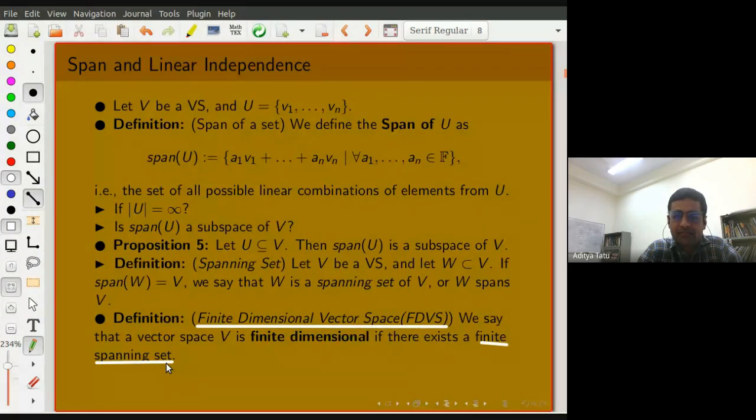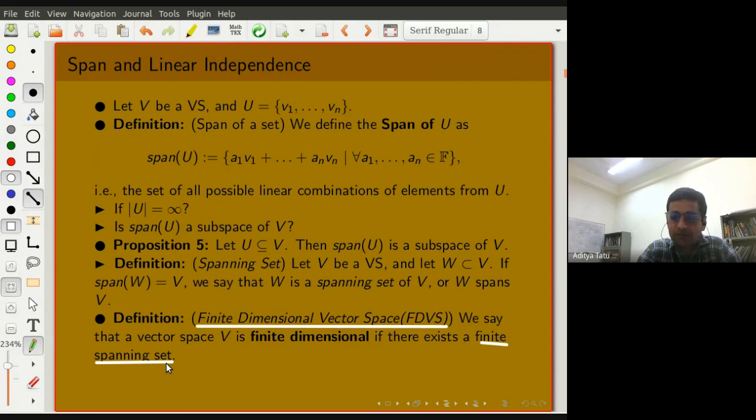In that case, the vector space becomes a finite dimensional vector space.